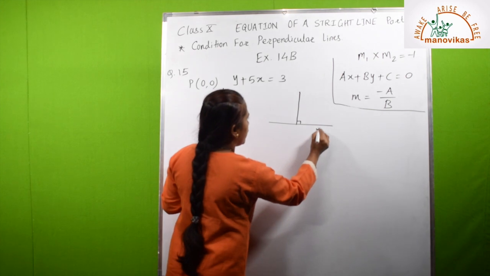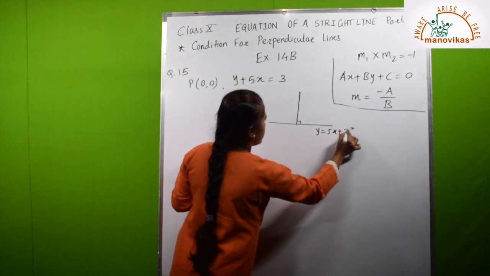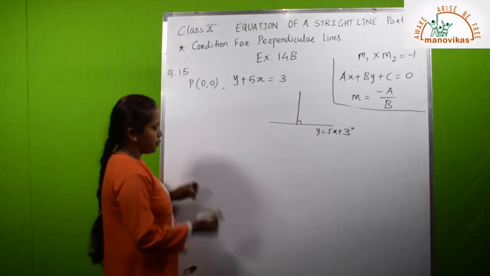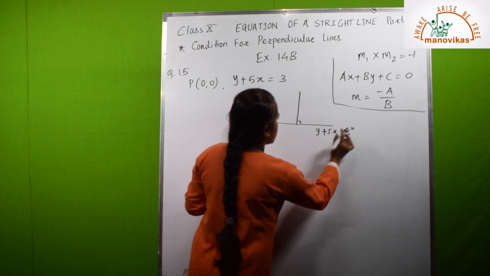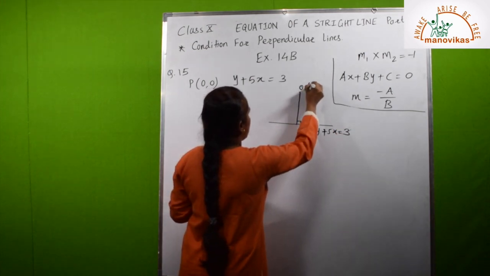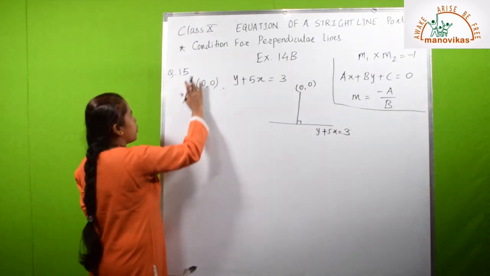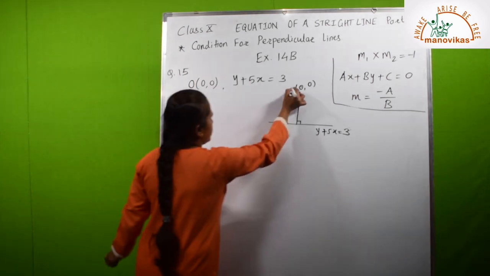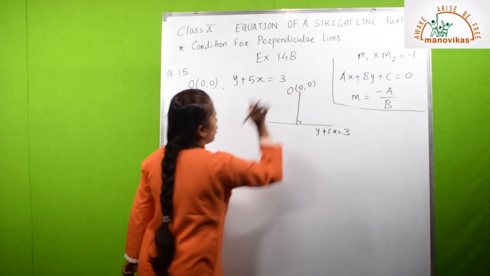Suppose this is the equation of the given line, y plus 5x is equal to 3. This is the point 0, 0, or origin you can denote as point O even, no problem, because generally we denote the origin as point O.